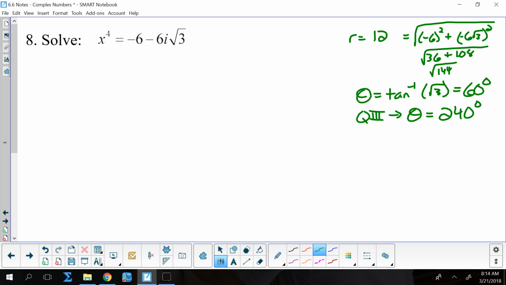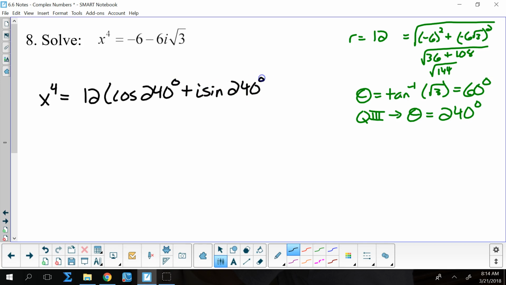So this really is x to the 4th equals 12 times the cosine of 240 degrees plus i times the sine of 240 degrees.